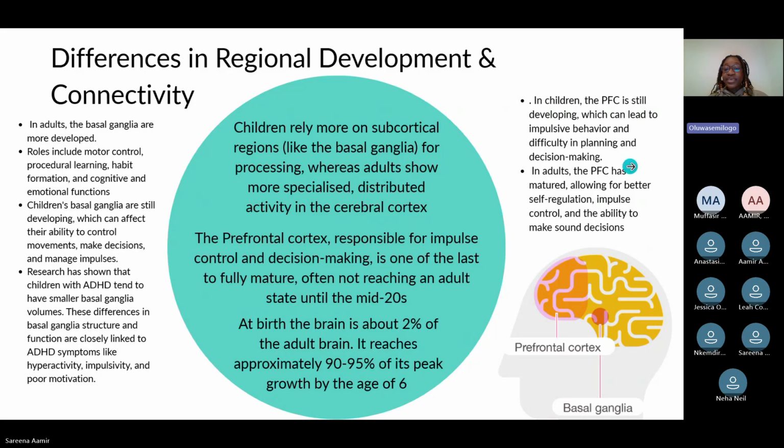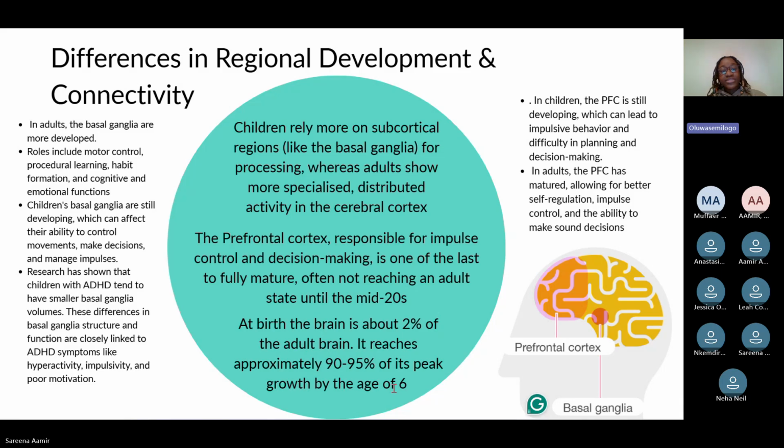In children, the PFC, or prefrontal cortex, is still developing and can lead to impulsive behavior and difficulty in planning and decision making. However, in adults, the prefrontal cortex has matured and allows for better self-regulation, impulse control, and the ability to make sound decisions. Children rely more on subcortical regions like the basal ganglia for processing, whereas adults show more specialized, distributed activity in the cerebral cortex.